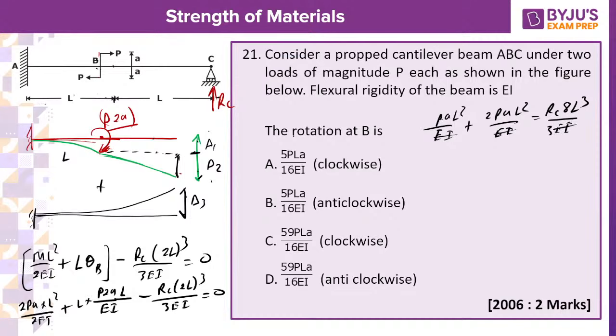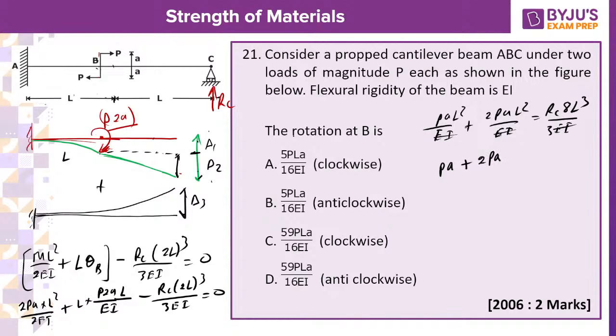P is there, P will not go away; L square will go. So I'll write P into A plus 2PA, correct?